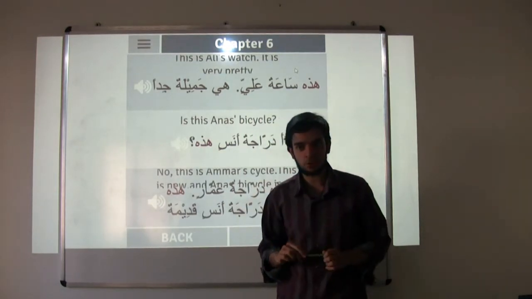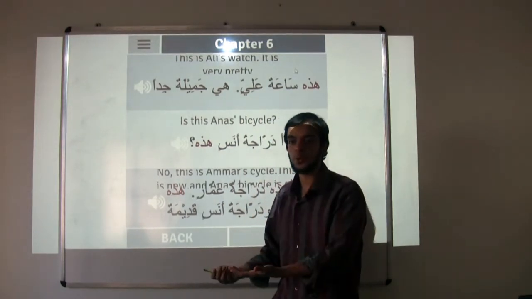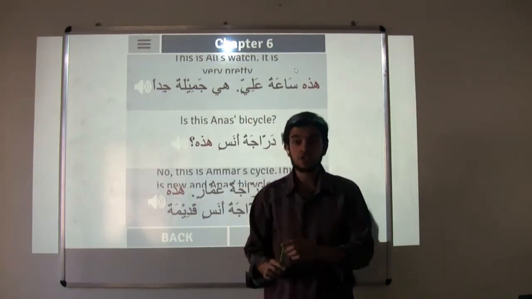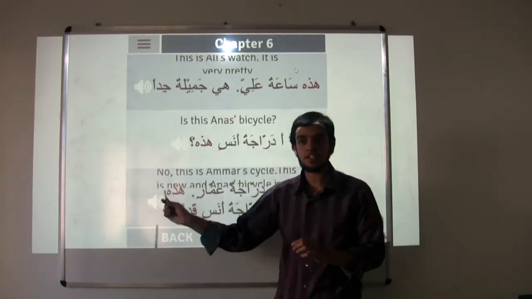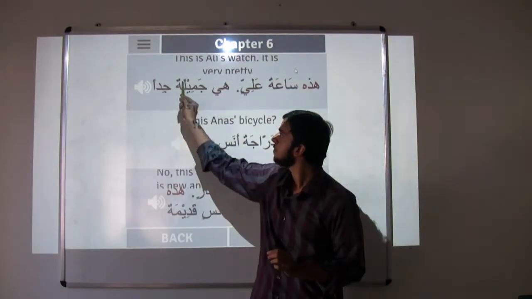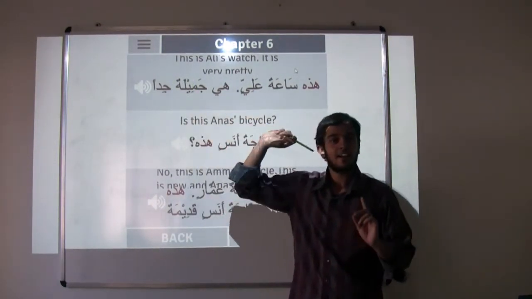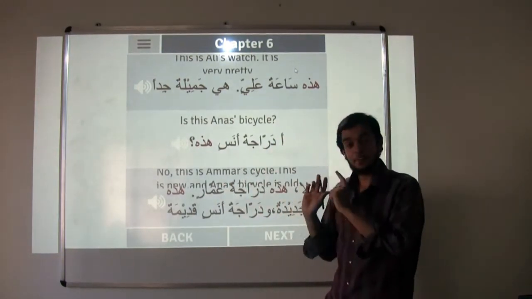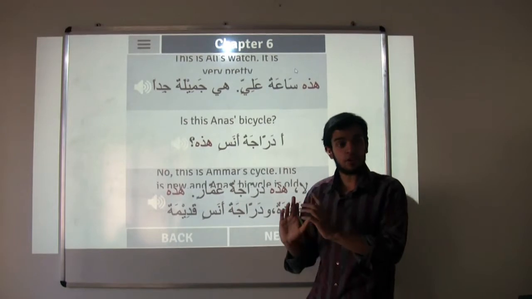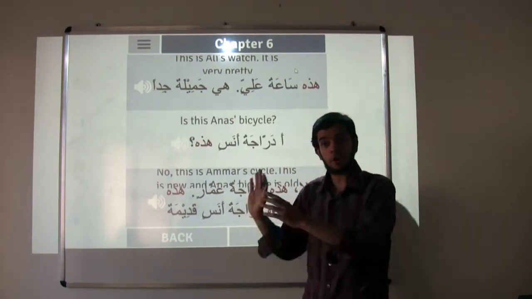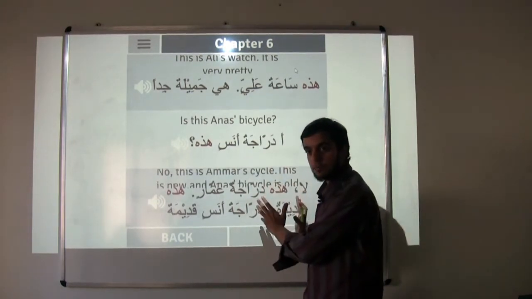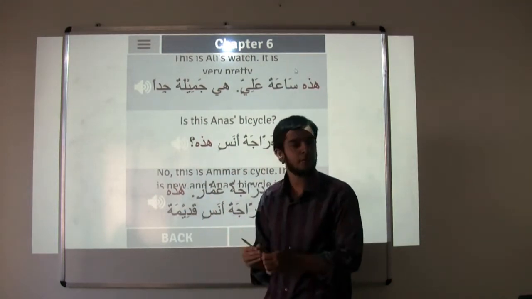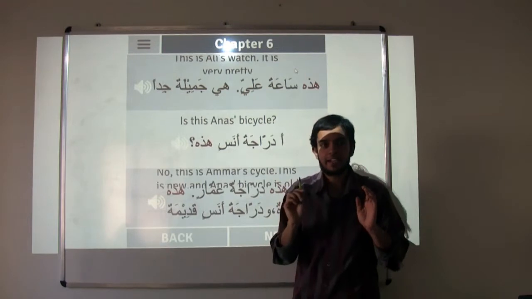When we want to say the school is new, al-madrasatu is feminine, so jadidun becomes jadidatun by the addition of the golta. So if the mubtada is feminine, then the khabar also. Based on the gender of the mubtada, the subject that we are talking about, the khabar also changes, masculine or feminine, however it is.